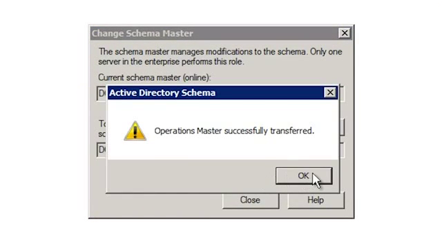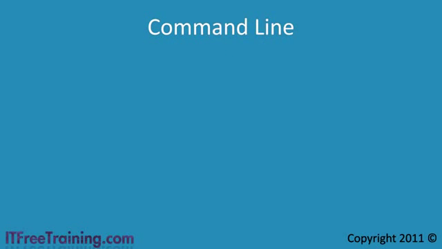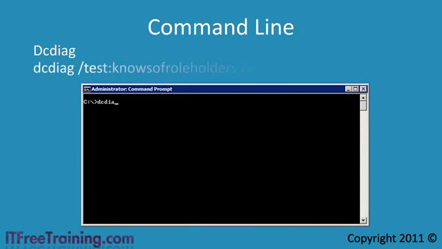Using each of the different tools, you can see which domain controller holds each role as well as move the roles from domain controller to domain controller. Windows also comes with a command line tool that can be used to find out which domain controller has which roles, called dcdiag. If you run this command with /test: followed by knowsofroleholders, this will tell you which domain controllers have which roles.